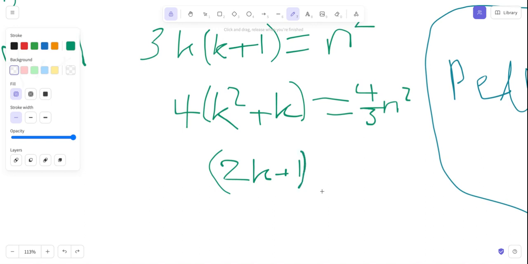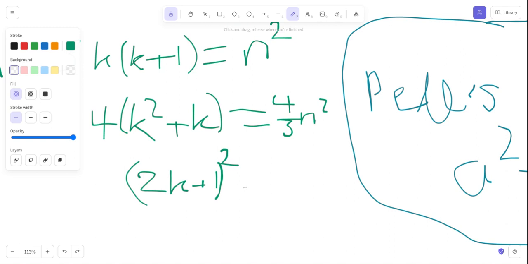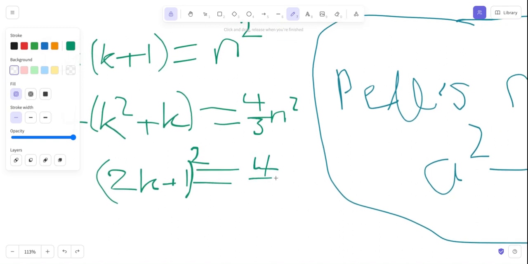So what I'm doing is exploiting the fact that the quadratic and linear terms have the same coefficients.